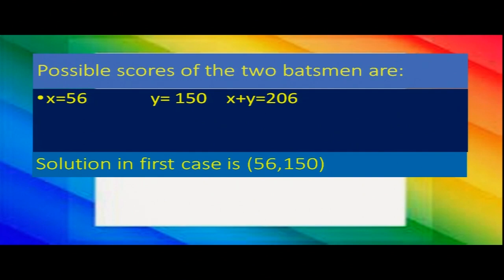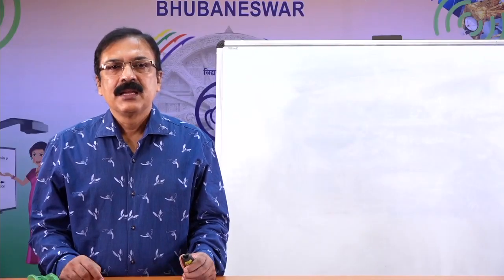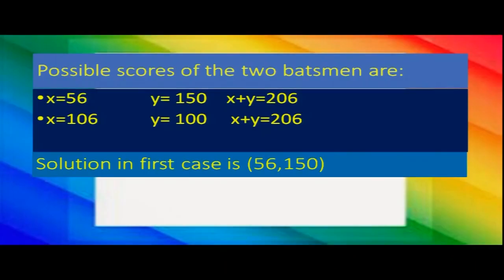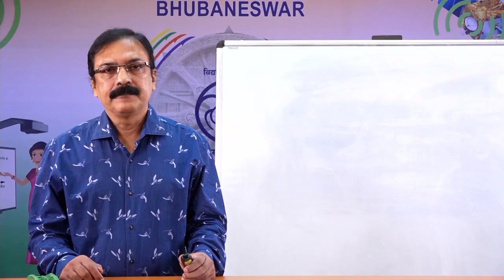Can we take any other values of x and y? Let's see. If we take the value of x as 106, then what will we add to 106 to give 206? That is 100. So, the solution can be (106, 100). That means the value of x is 106 and the value of y is 100.